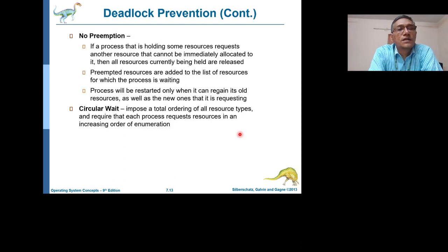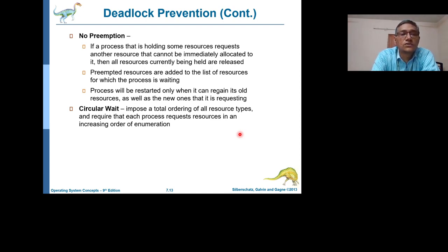No preemption: if a process holding some resources requests another resource that cannot be immediately allocated to it, then all resources currently being held are released. So we are negating the no preemption condition.